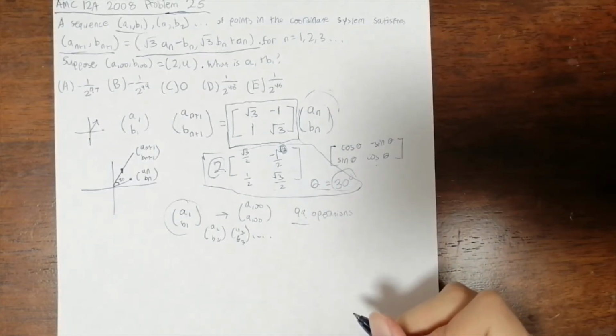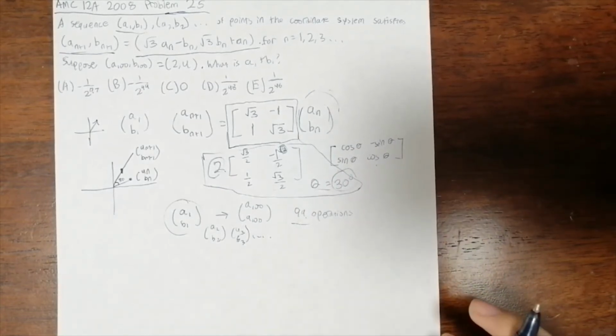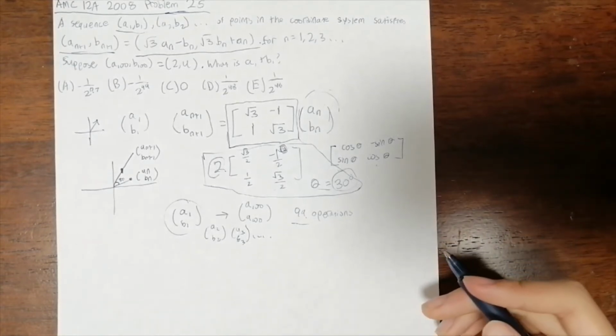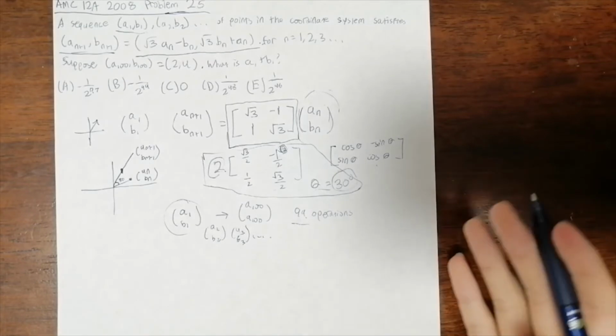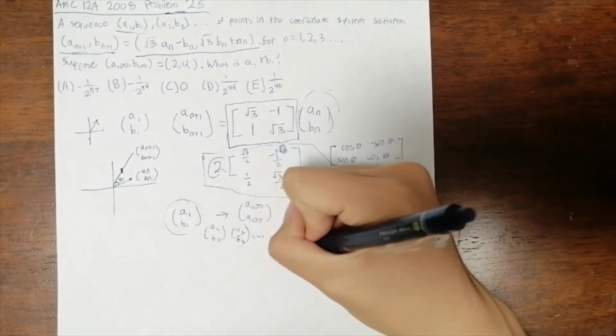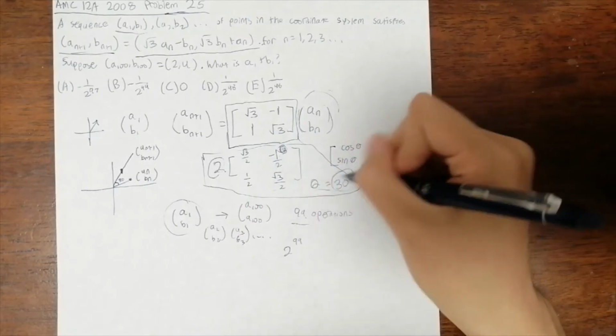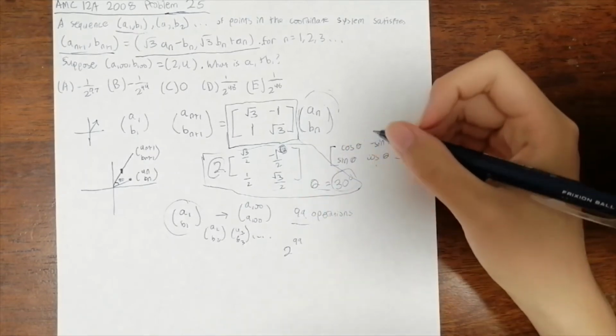So we can take care of those two distinct parts separately. The magnitude is multiplied by a factor of 2 99 times, so that's going to be 2 to the 99th. And we're going to rotate it by 30 degrees 99 times.